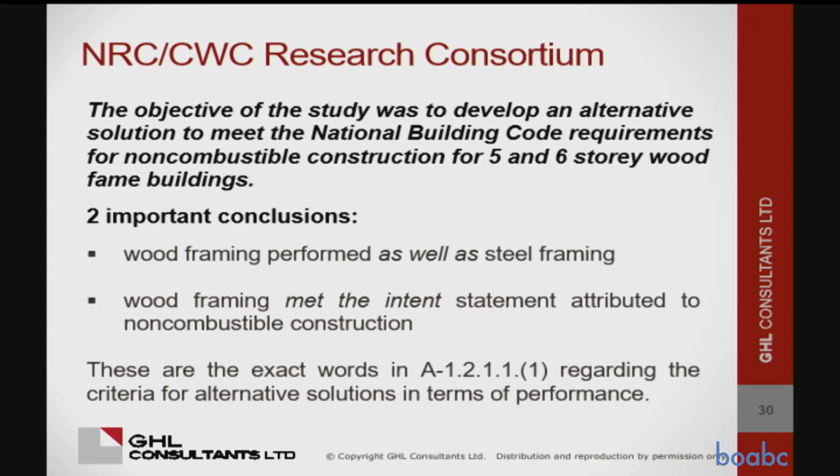And the 2 important conclusions in Chapter 9 of that report say that the wood framing performed as well as the steel, and that the wood framing met the intent statements attributed to the requirement for non-combustible construction. So basically, Codes Canada told us how to do an alternative solution to use protected wood in lieu of non-combustible.